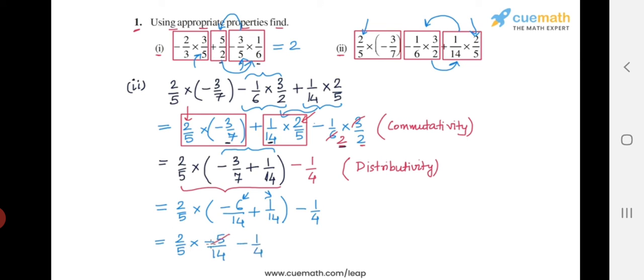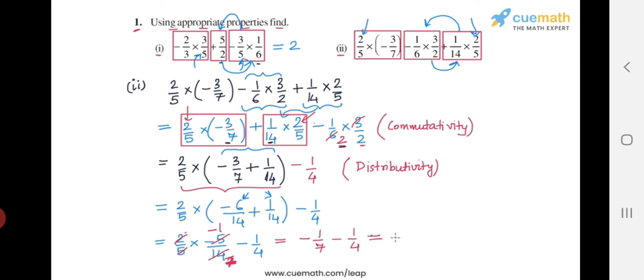Now let's simplify this. So minus 5 by 5 is minus 1, and 14 by 2 is 7, so we get minus 1 by 7 minus 1 by 4, and now we just need to take the LCM and combine these two terms.